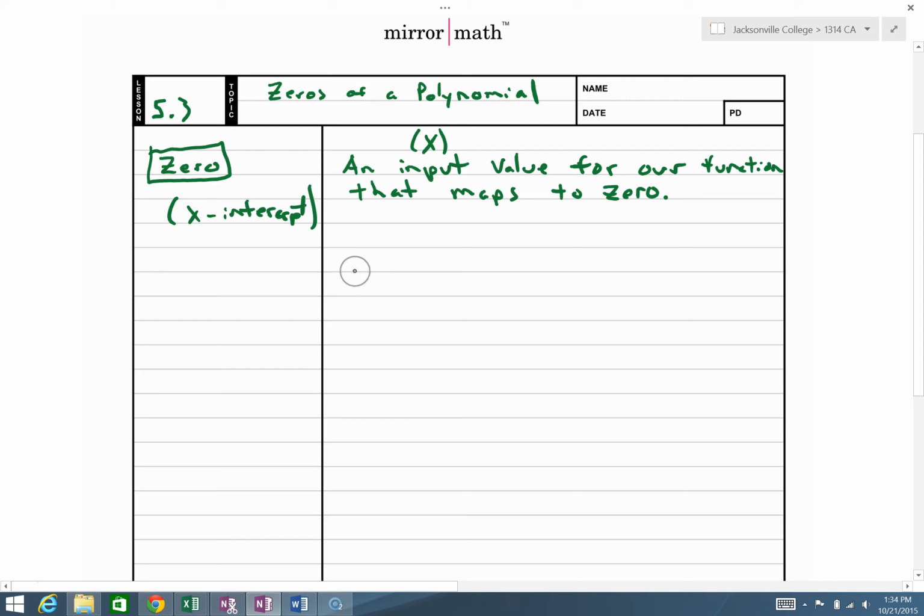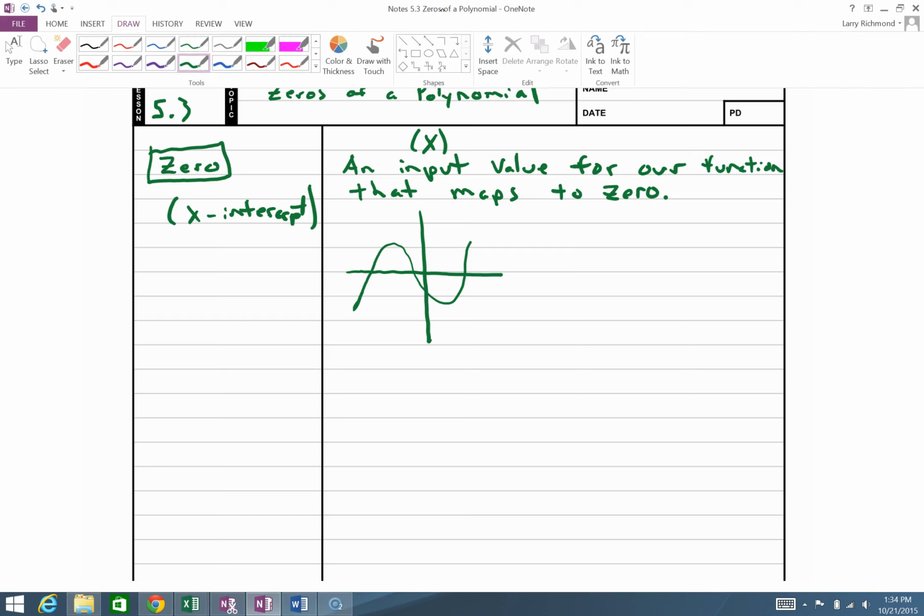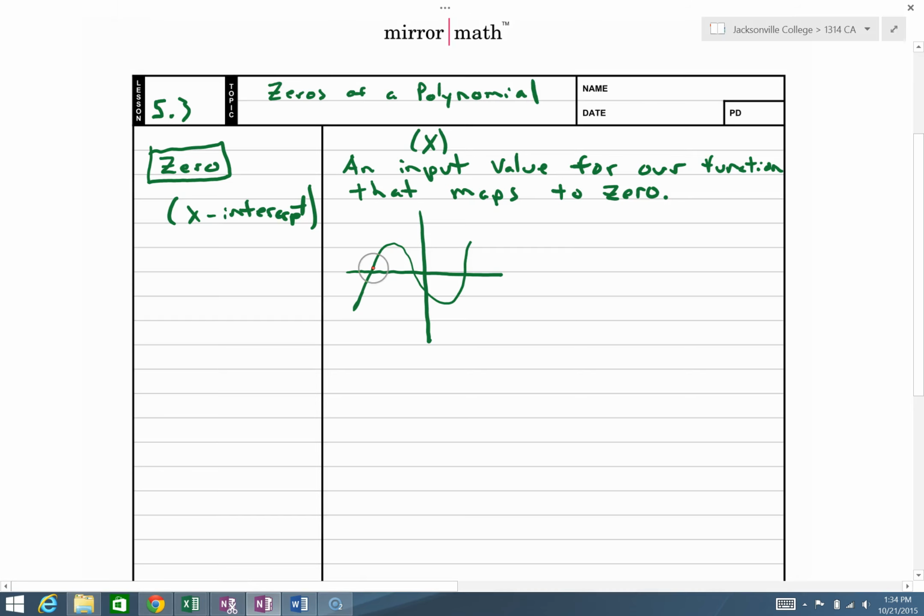If we were to look at a graph of some polynomial, let's say that it looks like this. I see that we have x-intercepts here, here, and here.